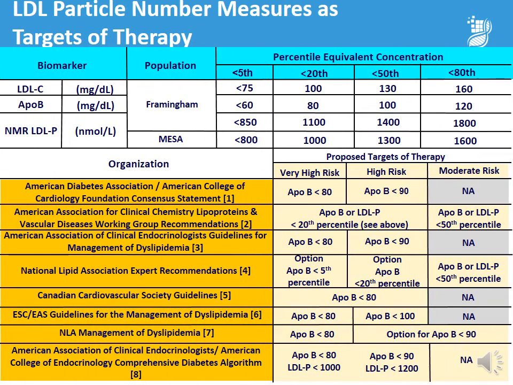Several cardiovascular organizations have guidelines or statements that have shown what population percentile cut points are for LDL cholesterol, ApoB, and LDL particle counts, and where risk is best related.